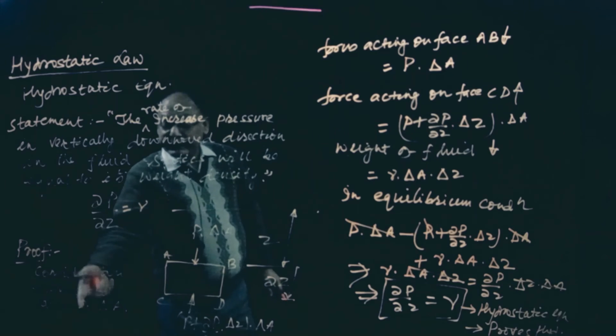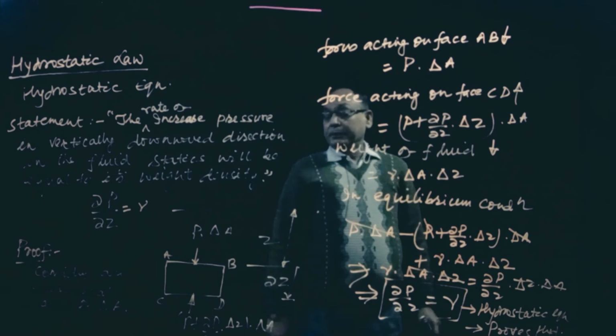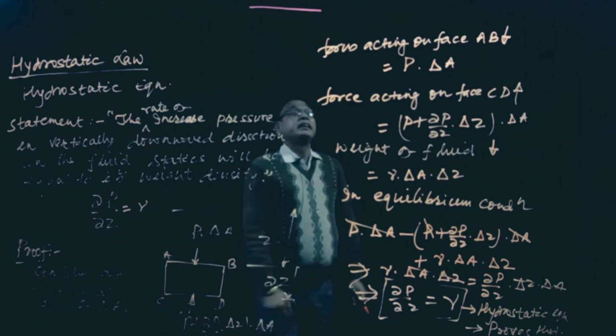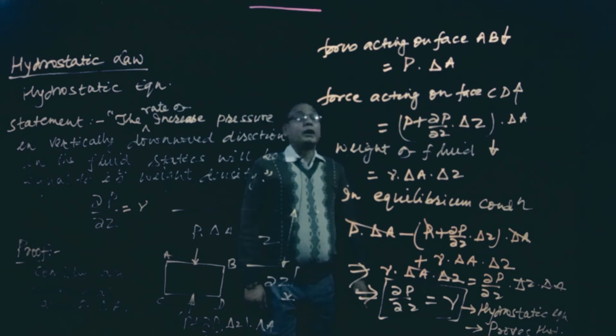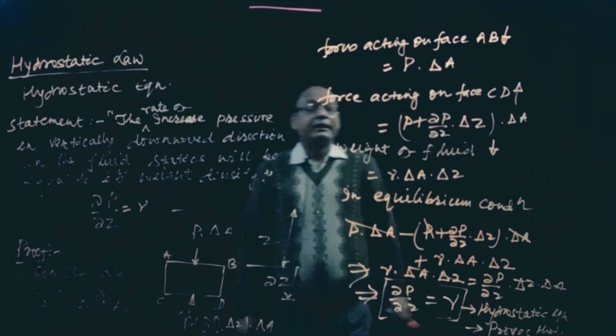Proof: consider an elemental area of delta A. The force acting on face AB will be P into delta A downward, and the force acting on face CD vertically upward will be P plus dP by dZ into delta Z into delta A.